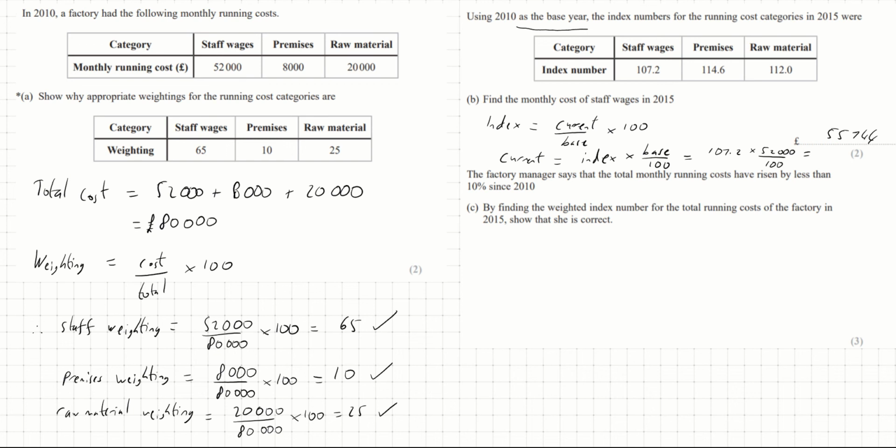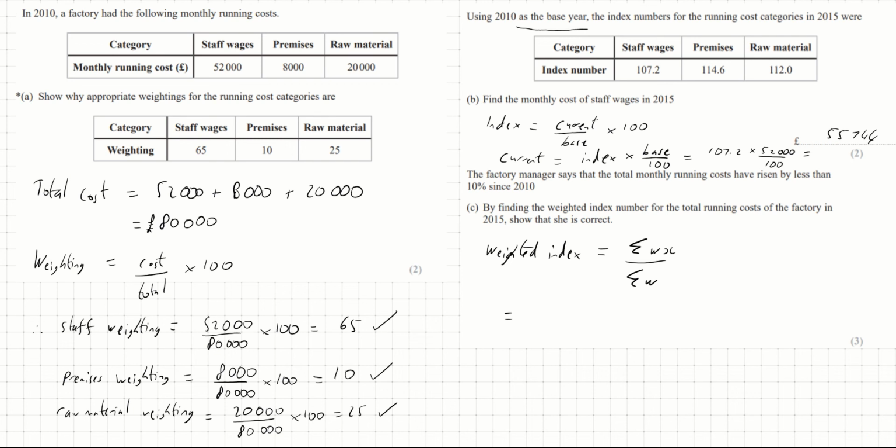Okay, on to part C. Part C says to find the weighted index number for total running costs in 2015. So for the weighted index, again, there's a formula you need to know. It's the sum, sigma, the Greek letter sigma meaning sum, of the weights times the values, divided by the sum of the weights.